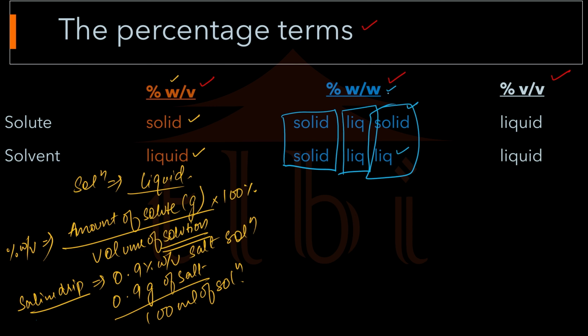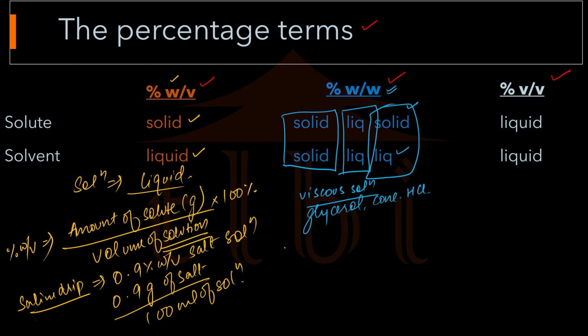Percentage weight by weight is usually used for viscous solutions such as glycerol, right? Or it can be used for concentrated HCl, right?